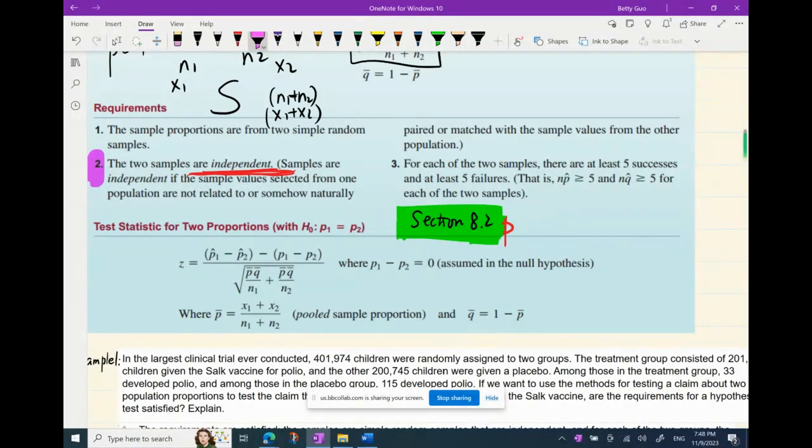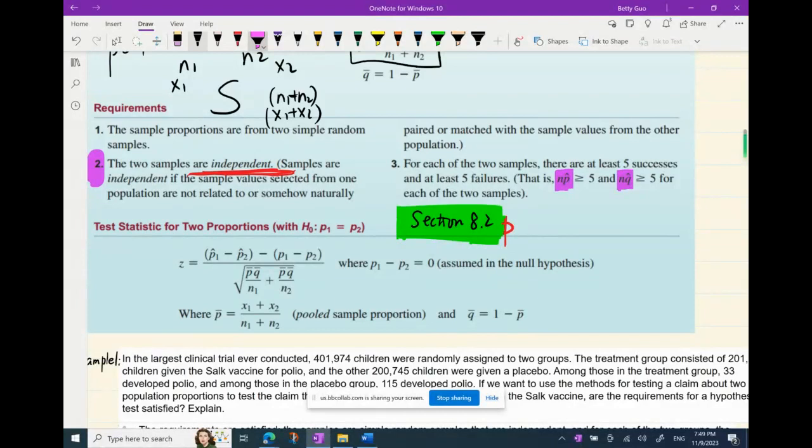So n times p hat, that's the number of successes. n times q hat, that's the number of failures. They both have to be at least 5. Remember, when the sample size is large enough, the two conditions are always met. When the sample size is very big, no matter how small the proportion or the complement proportion, the multiplication would be at least 5. It's pretty easy to meet the two conditions.